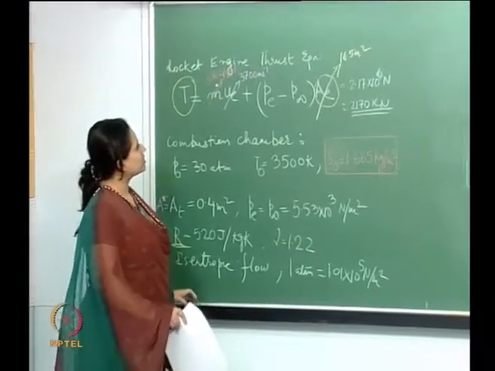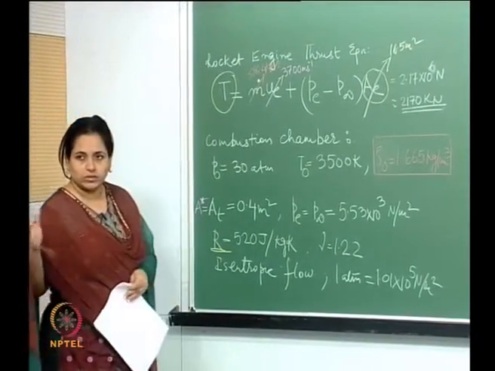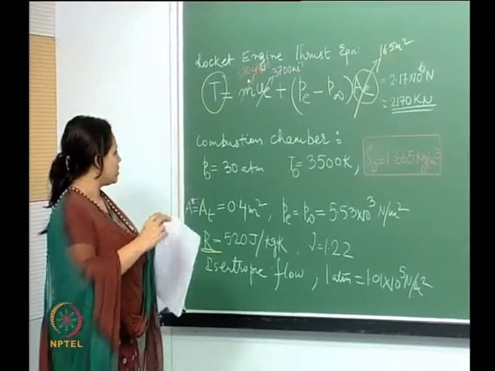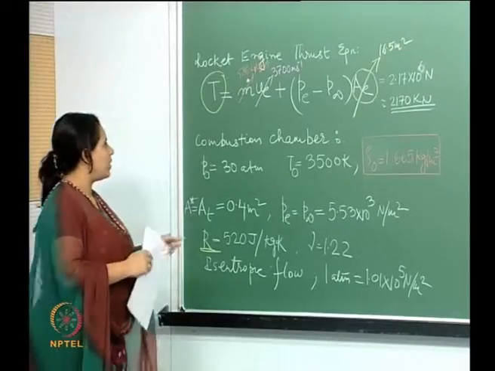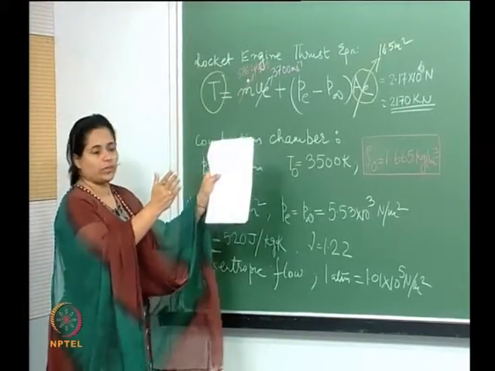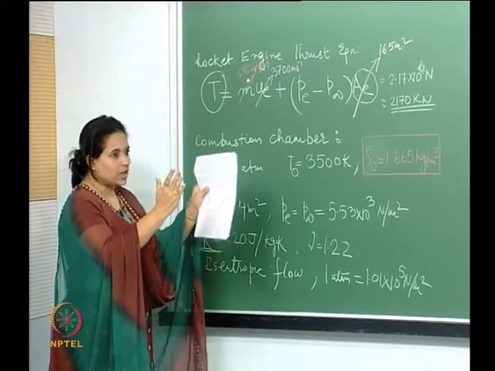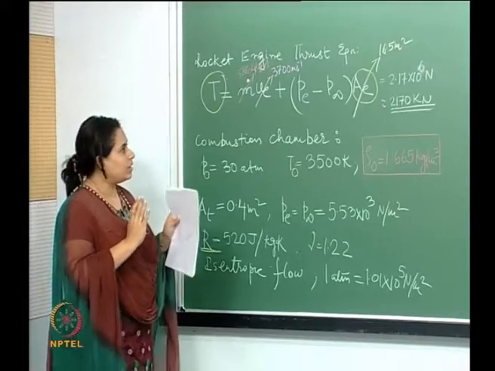Let us just take a step back and see what is happening here. We have a rocket engine, with a diverging nozzle where the area at the exit is nearly 40 times, or a little more than 40 times, the area at the throat.